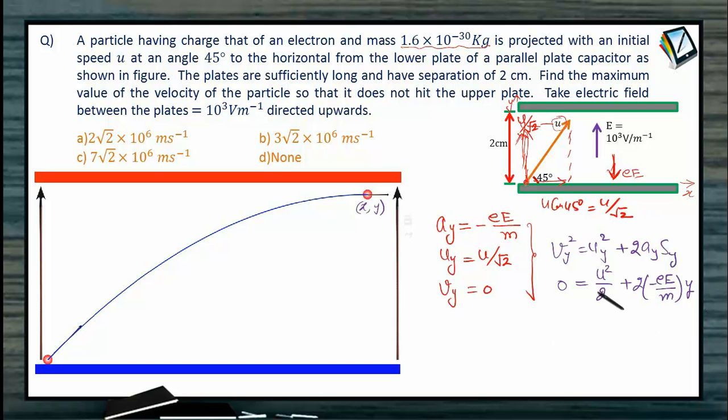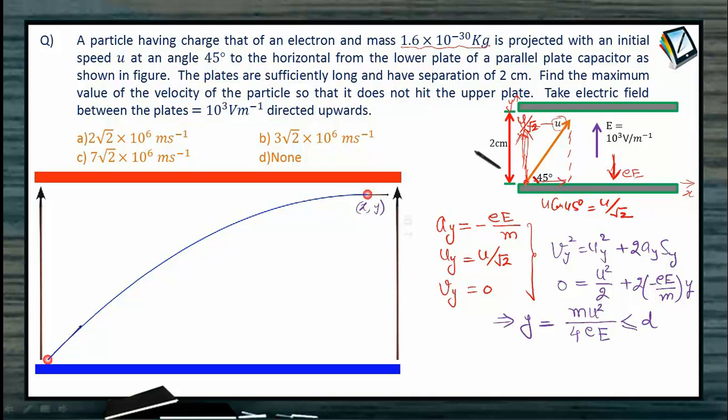And here the maximum value of y should be what? 2 centimeter. It should remain less than 2 centimeter. In fact, you can write y equal to m u squared divided by 4 e E, and it should remain less than or equal to d.